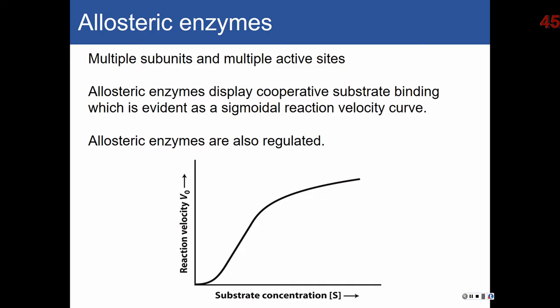We can also talk about allosteric enzymes, and I'll show you an example of this in a little bit. But allosteric enzymes have multiple subunits, multiple active sites, and essentially one substrate comes in, binds the enzyme, and changes the enzyme at a different active site, so they have cooperative substrate binding, and so you get this type of sigmoidal curve. It's very similar to hemoglobin binding. That's cooperative binding.